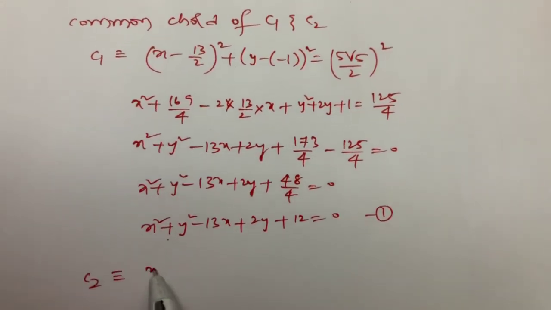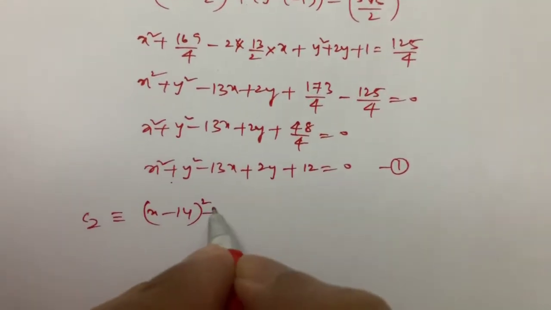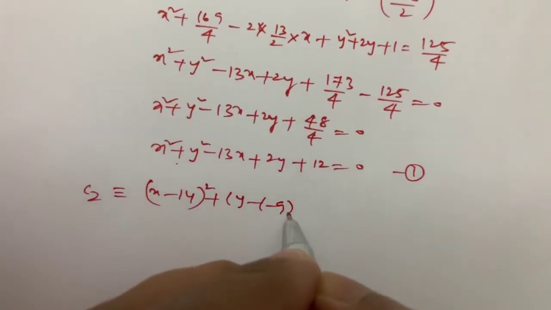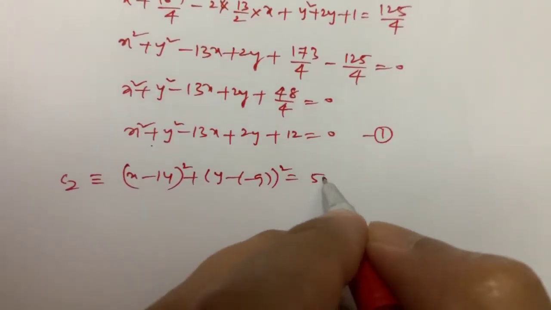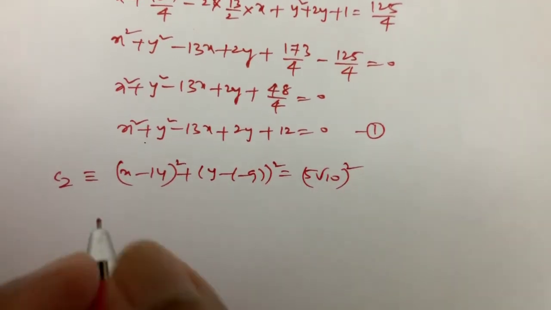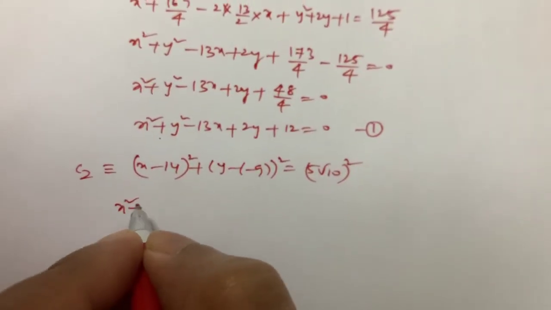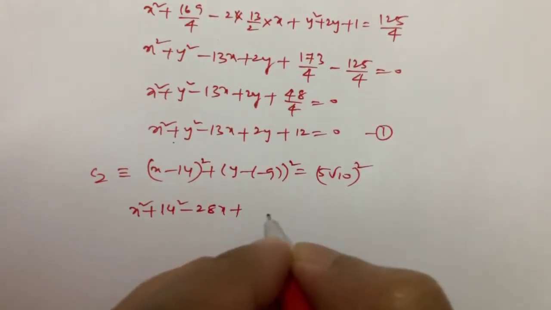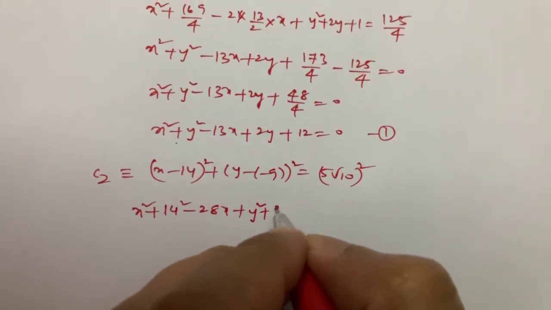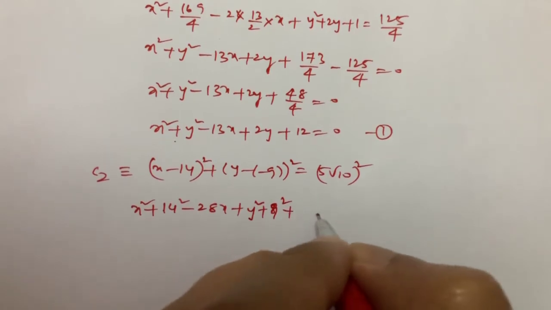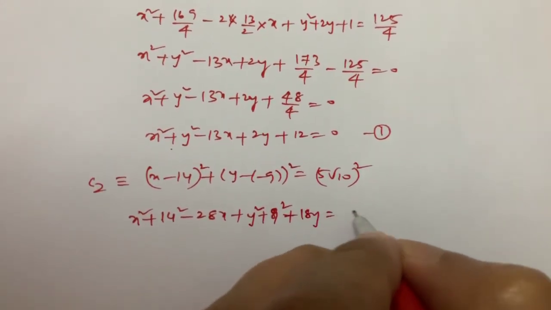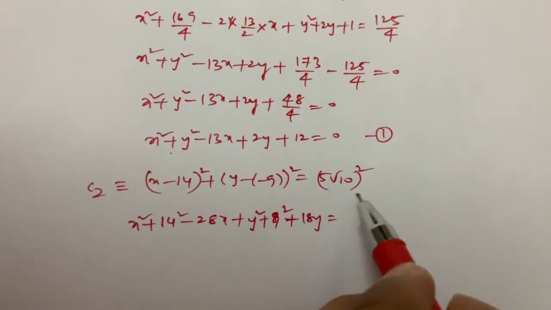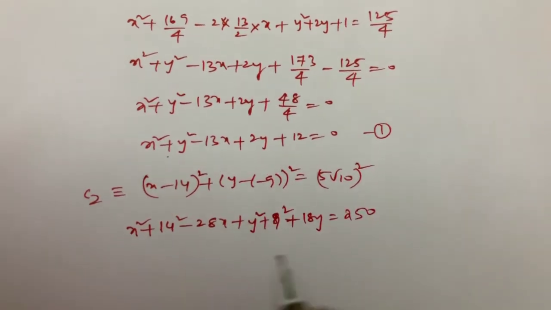So circle C2 is (x minus 14) whole square plus (y minus of minus 9) whole square is equal to (5 root 10) whole square. So x square plus 14 square minus 28x plus y square plus 9 square plus 18y is equal to 25 into 10, so 250.